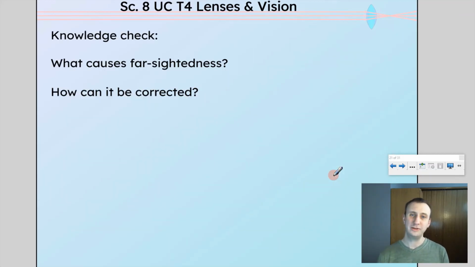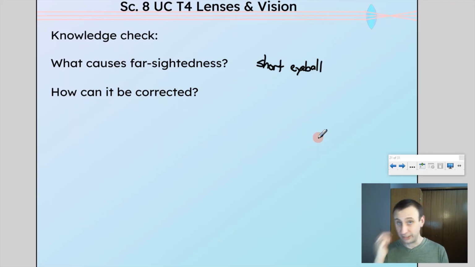So, quick knowledge check. I'll ask you and see if you can remember our sayings from earlier. What causes farsightedness? Remember that the converse convention for short people was far out. So we have a short eyeball. It's a little bit shorter than it should be.